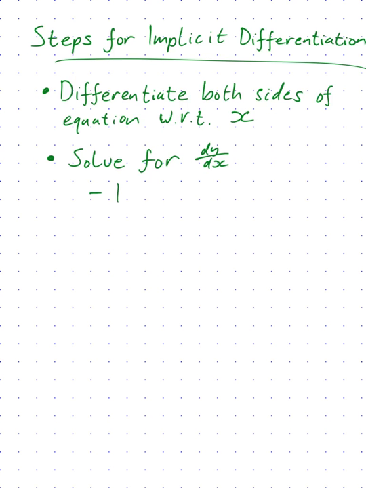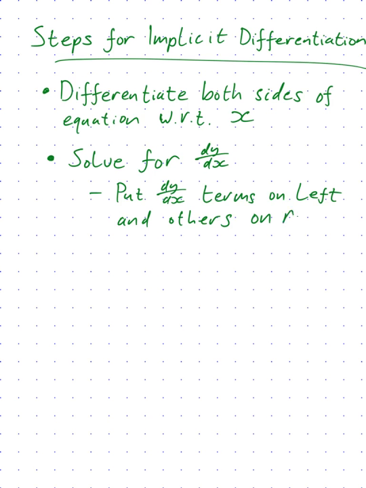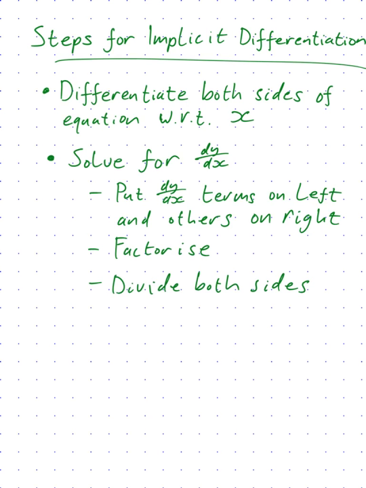To do that solving, you first put all your dy/dx terms on the left side and everything else on the right side. Then you factorize your equation on the left to get that dy/dx term out, and then you divide both sides of the equation by that factor to get dy/dx equal to something. And that's implicit differentiation.